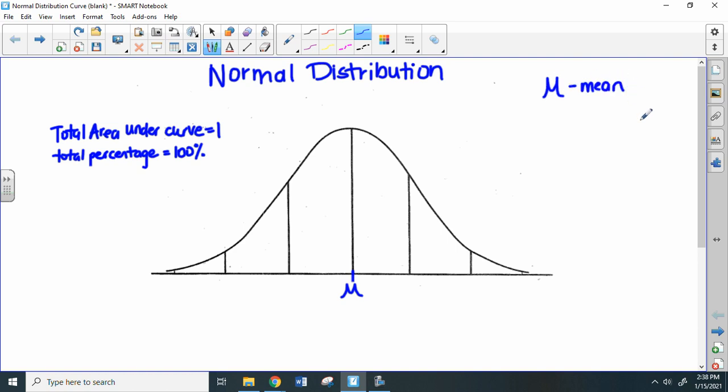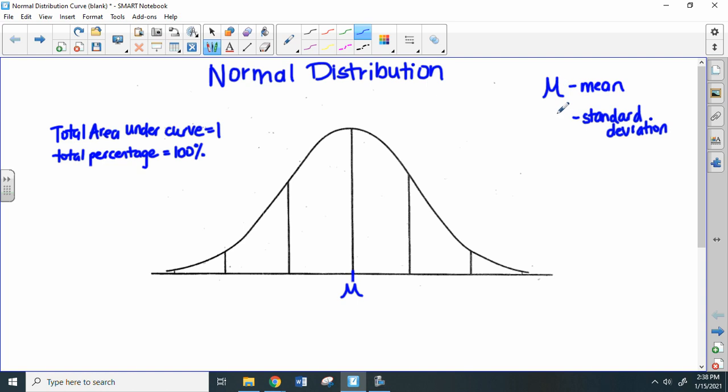So the mean of your data goes in the middle, and the rest of the data is spread out around it. Then we have this thing called standard deviation, and that gives you an idea of how spread out the data is.